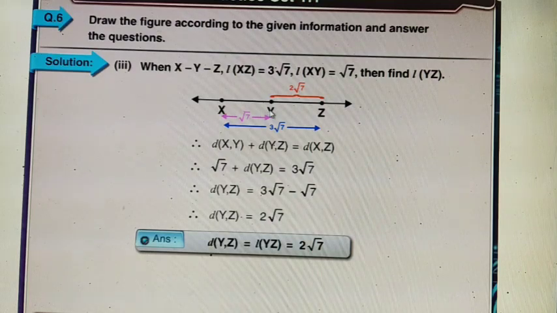This plus this, you will get the full length. Distance of XY is root 7, and distance of YZ we have to find. XZ is given as 3 root 7. I will keep YZ here only, and I will shift this root 7 to that side, so YZ is equal to 3 root 7 minus root 7. Therefore, distance between Y and Z is equal to 2 root 7.